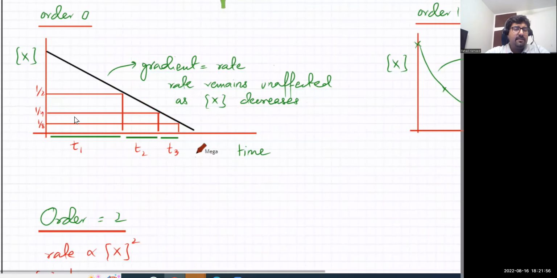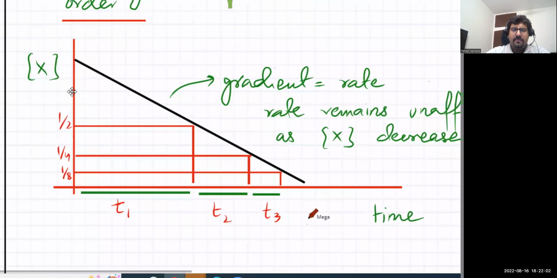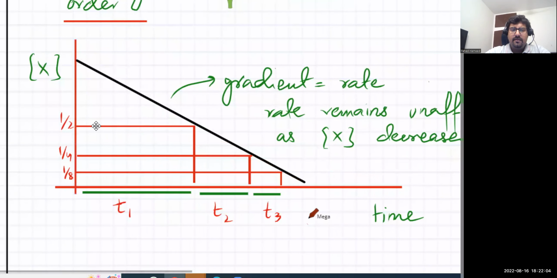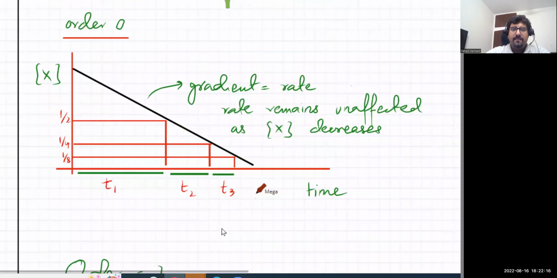So is this clear? Do you understand what half-life is? This is the first time it got half, then half of the previous half, that's 1/4. Then again half, that's 1/8. So is this clear?